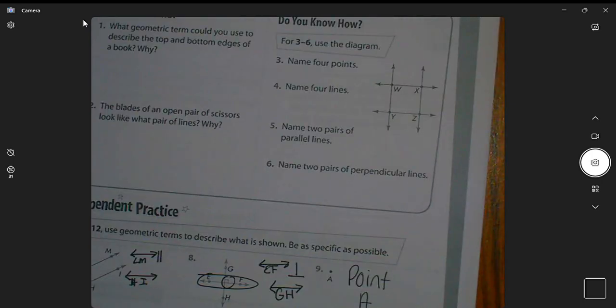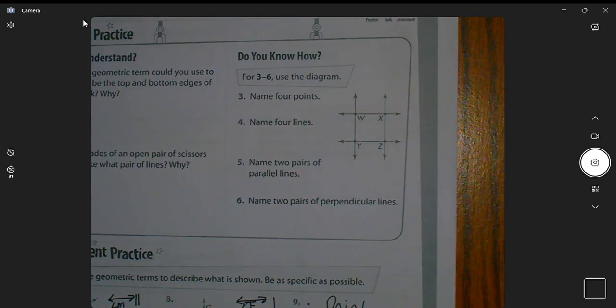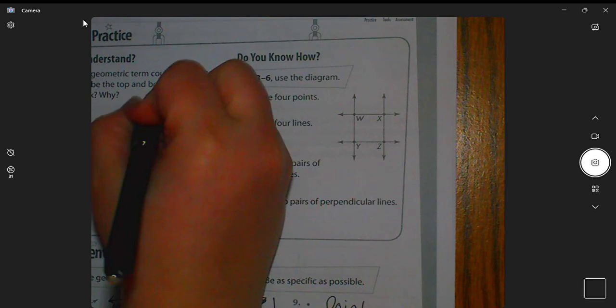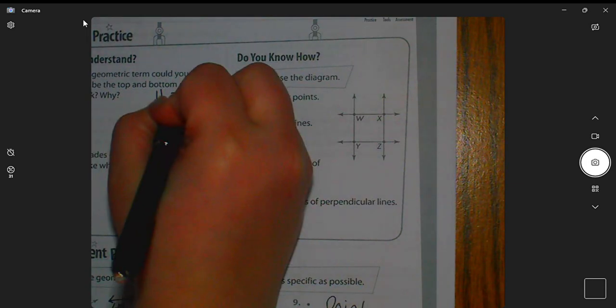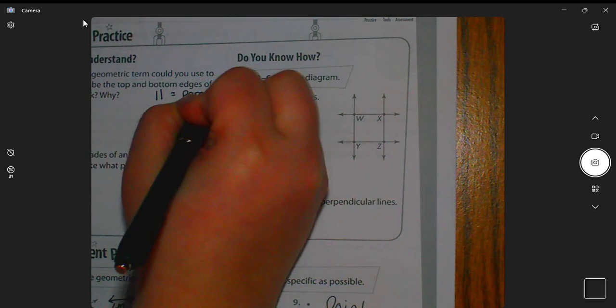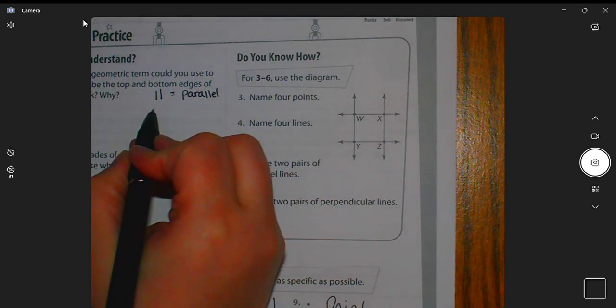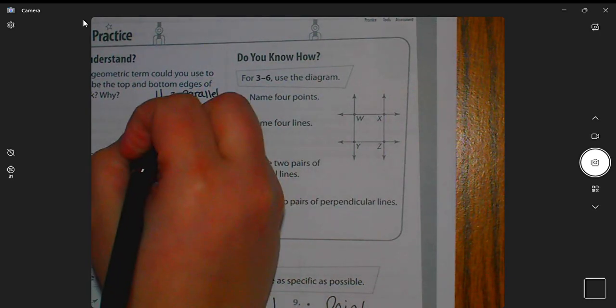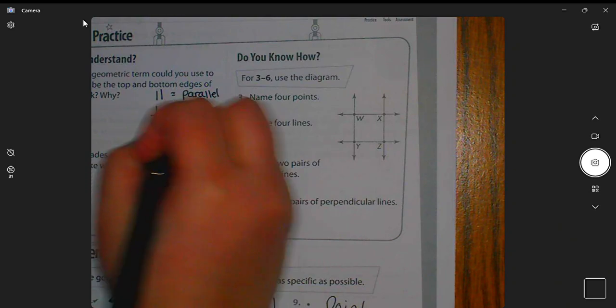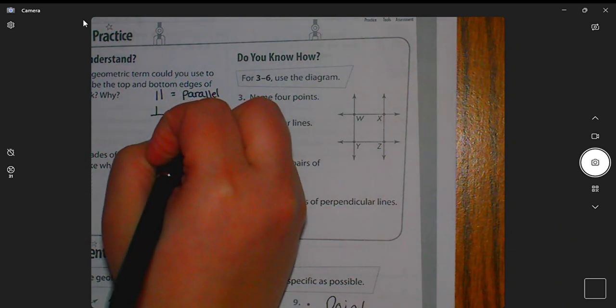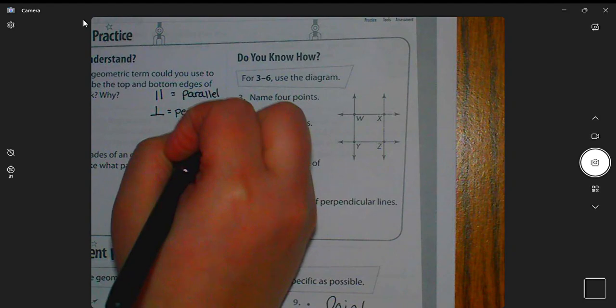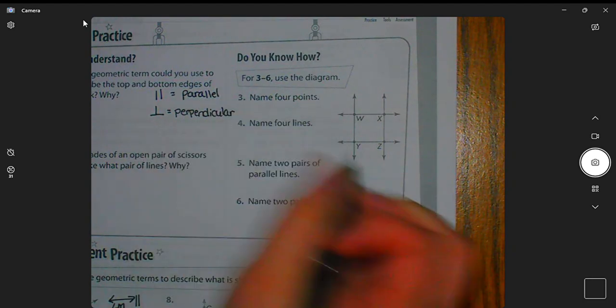Let's look at some of these up top. So again, I'm just going to write myself a key. 2 lines running side by side means parallel. An upside down T means perpendicular. It's a long word.